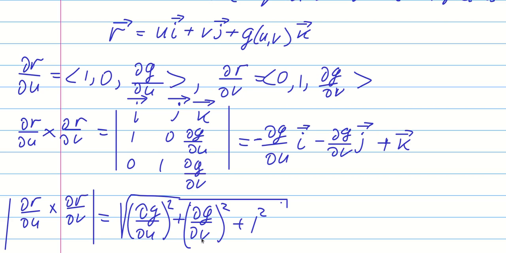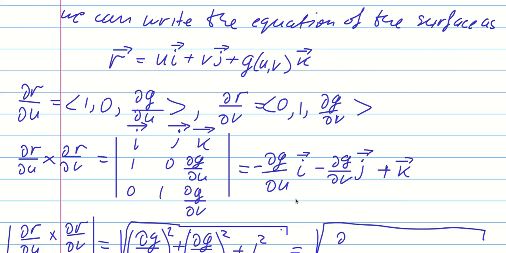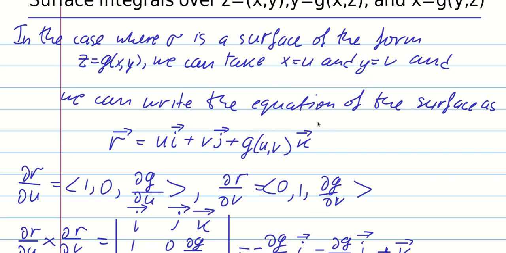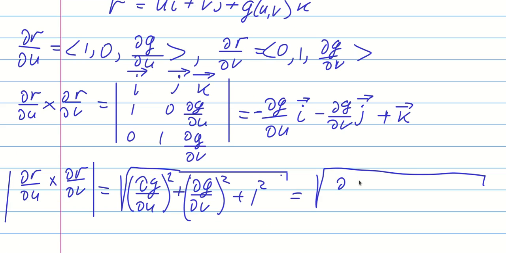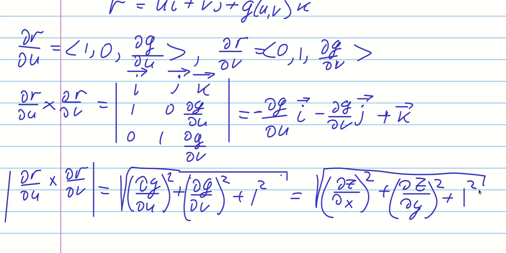But remember, u is x and v is y, and g is z, a z function. So it's the same as saying dz dx quantity squared plus dz dy quantity squared plus 1 squared.